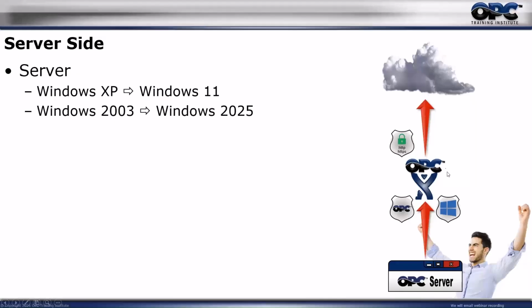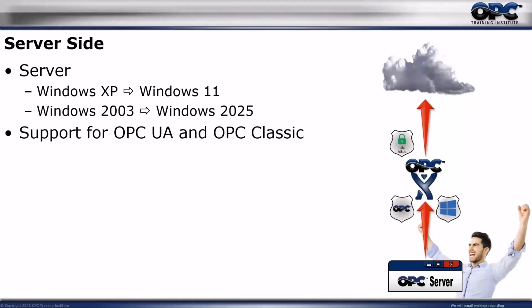But I'm talking about the requirement over here. We're using Windows, from Windows XP to Windows 11, Windows 2003 all the way to Windows 2025. Why Windows? Because you already know how to do the administration. You already have these systems today.